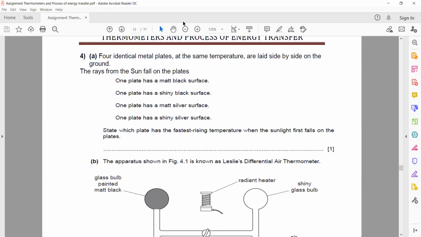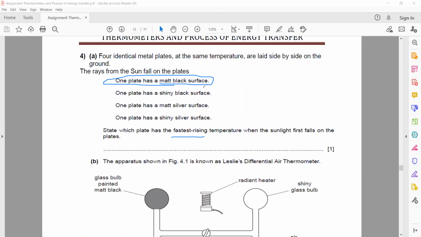Which one do you think shows a faster rising temperature? The matte black, because dull and dark surfaces are good absorbers, so when it absorbs energy, it will show a greater change in the temperature.